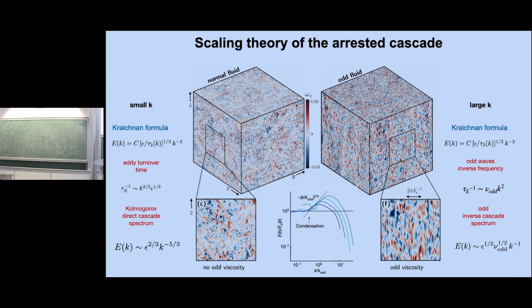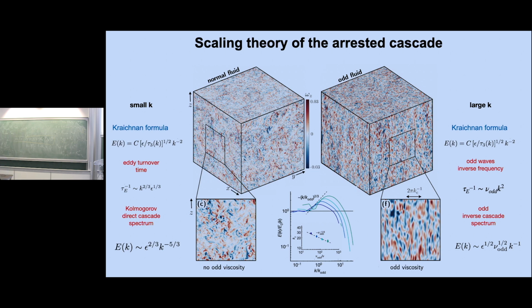And by doing a little bit more song and dance, and Alexandros is a bit impatient, we can also legitimately understand how the peak that forms after k-odd, where the pattern is forming, scales in a power law fashion with the odd viscosity. So this is the scaling analysis that you would do.